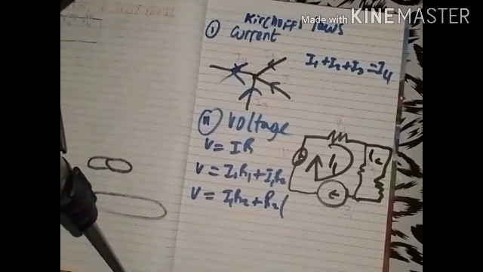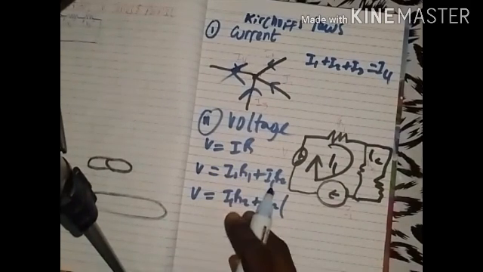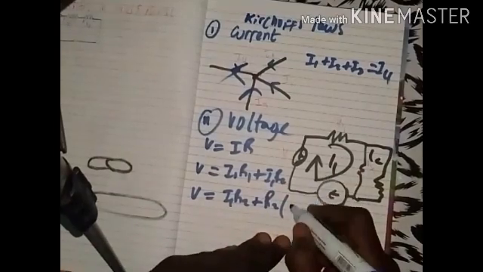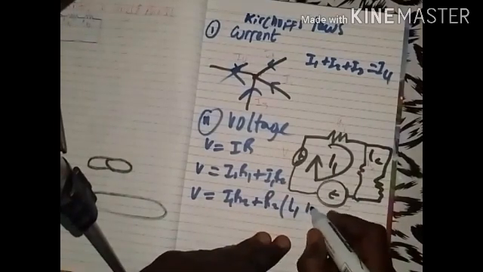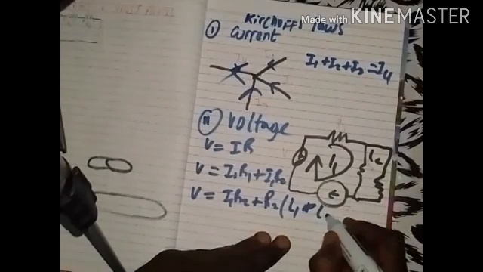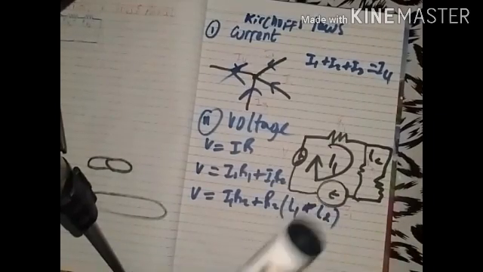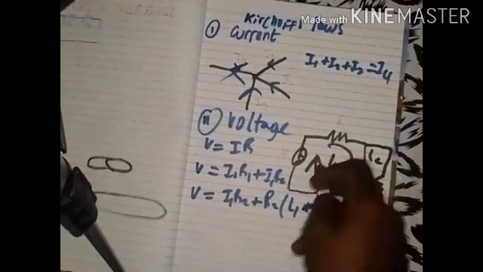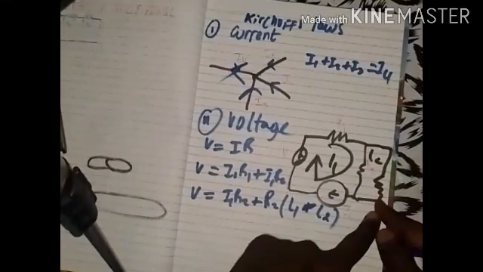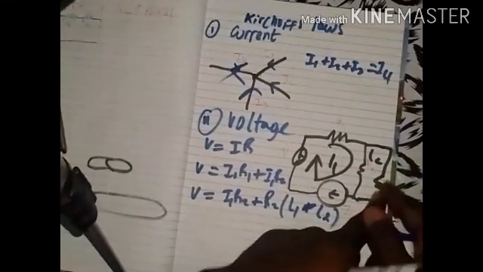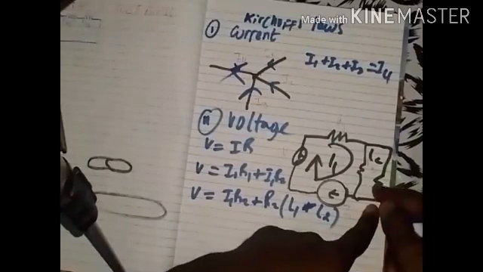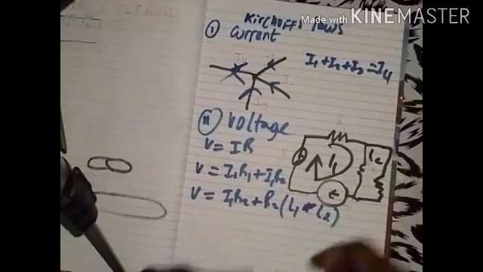So it's going to be R2 times I1 minus I2, since we are working in this loop. If we're applying Kirchhoff voltage law in the other loop, it's going to be I2 minus I1.